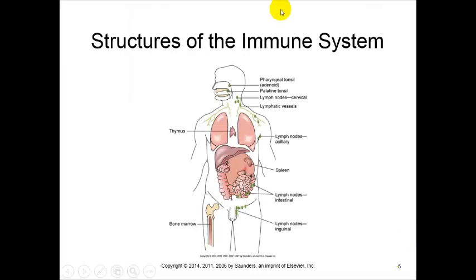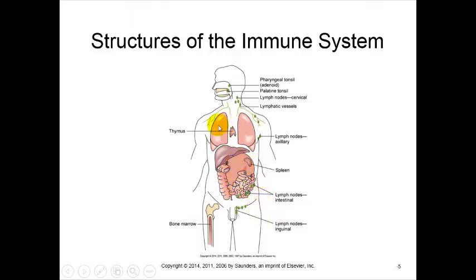And here you can see just some of the different parts of the immune system. You can see the pharyngeal tonsil, which is up in the pharynx. The palatine tonsil, or the ones we typically talk about that we say are tonsils. We have lymph nodes in our neck and throughout our whole body. We see lots under our armpits and in our groin area.